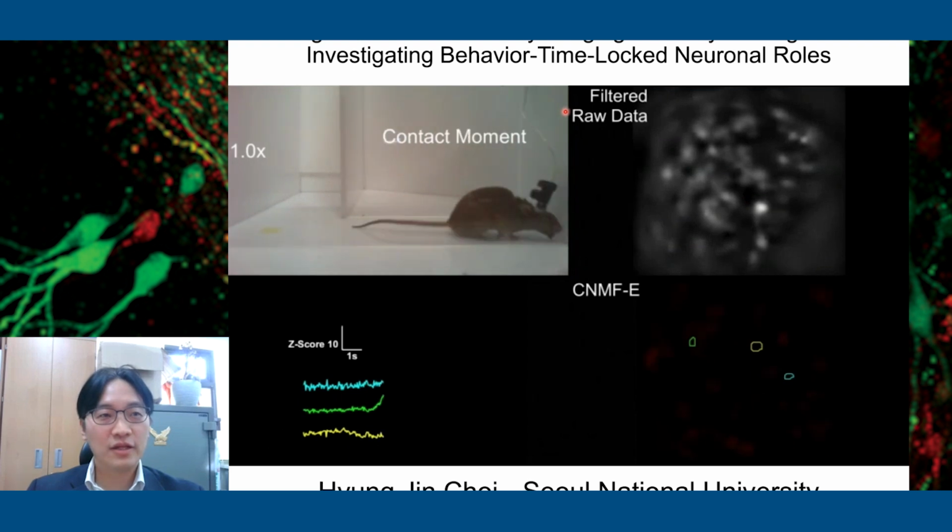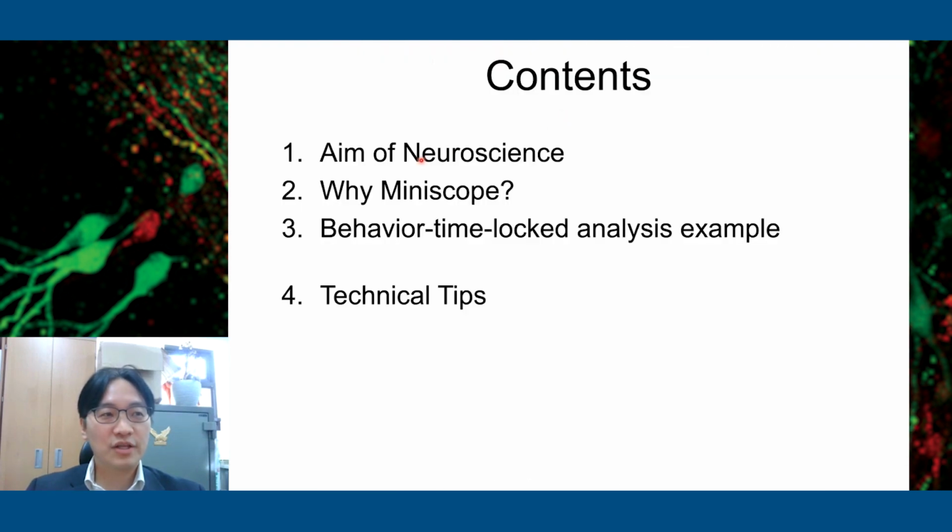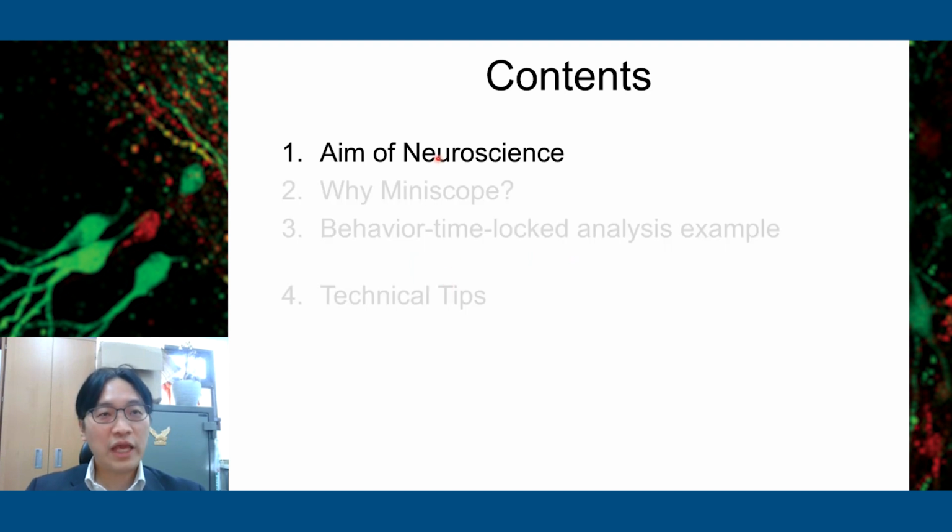Okay. So the content is, I'm going to begin with the general question, the aim of neuroscience and why miniscope. And most of my time I will share the behavior time locked analysis and maybe some technical tips later. For the aim of neuroscience, probably you all are neuroscientists trying to study neuroscience.